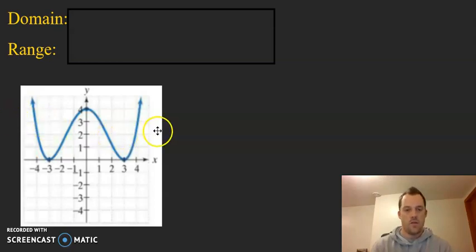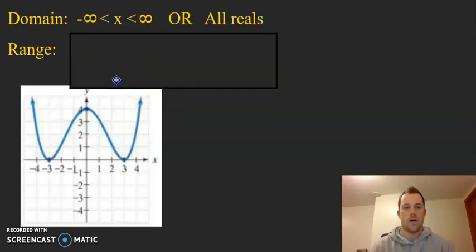And then the same thing to the right, as x gets bigger, it's going to go towards positive infinity. So we would say that x goes from negative infinity to infinity, but in the cleaner interval notation, we could have negative infinity, comma, infinity with parentheses on both ends. But an easier way to say that would be just all reals or all real numbers.